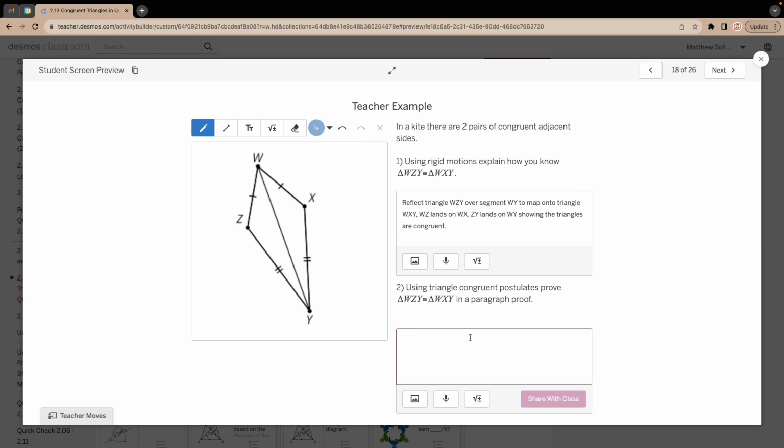If I wrote this in a proof, I'm given WZ is equal to WX, I see that with the tick marks, and ZY is equal to XY. I also know WY is equal to YW using the reflexive property, right?